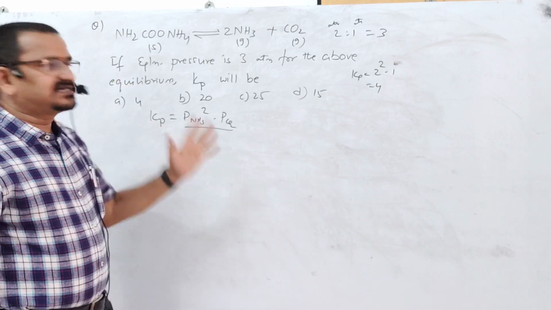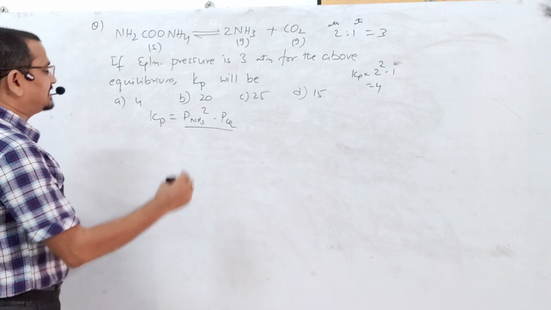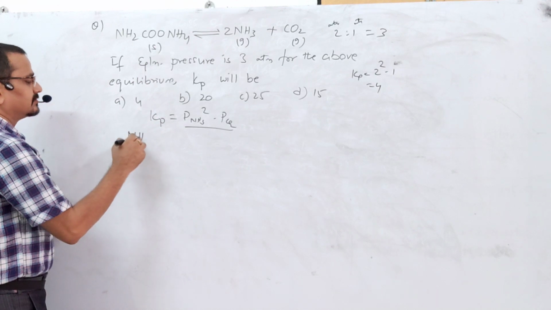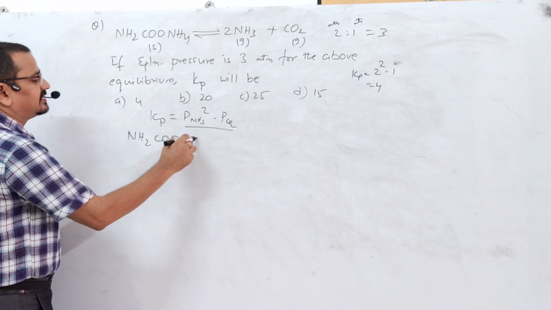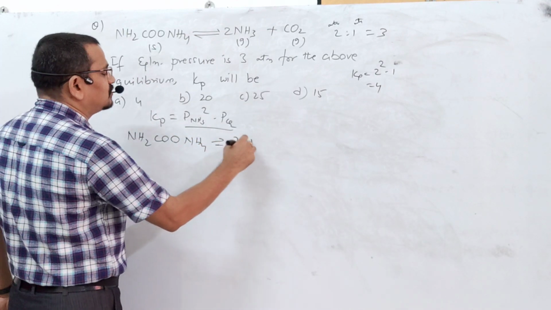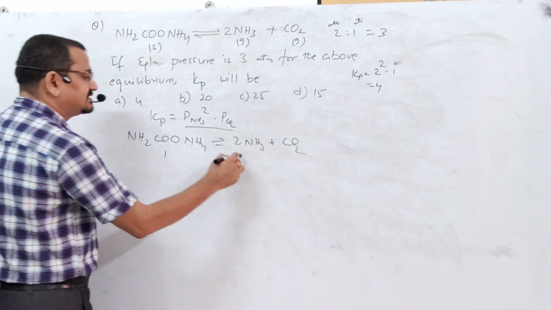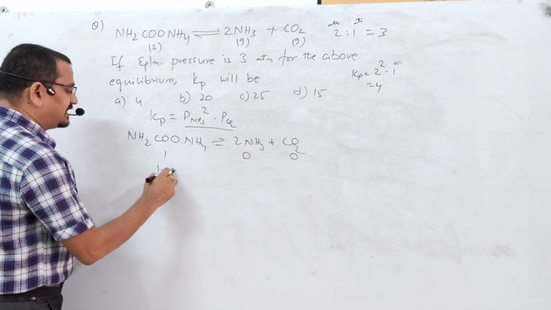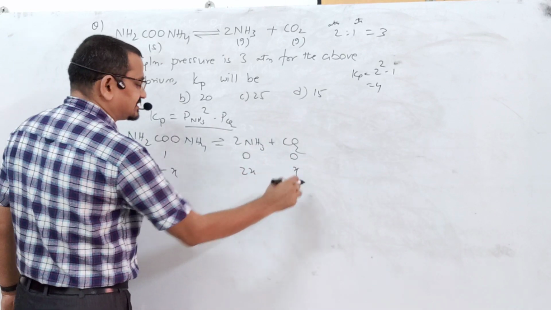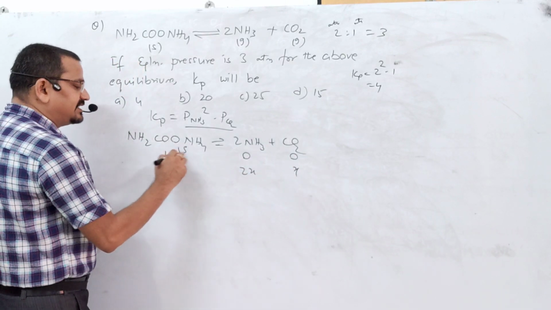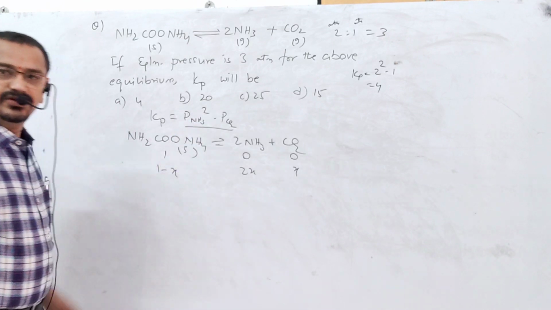Now, if you want a systematic procedure, see, it is NH2COONH4 at equilibrium with 2 moles of NH3 plus CO2. Then this is 1, 0, 0 initially. At equilibrium 1 minus x, 2x and x. As this is a solid, its number of moles won't contribute to the Kp.